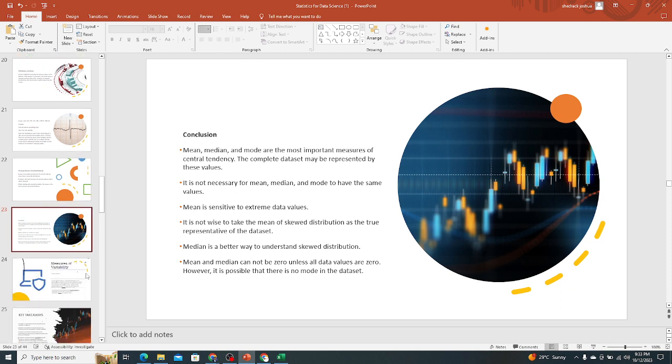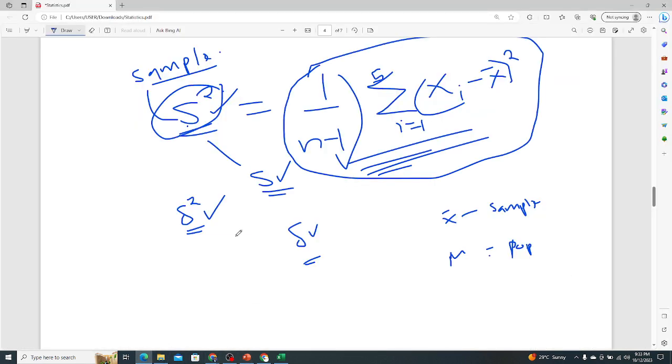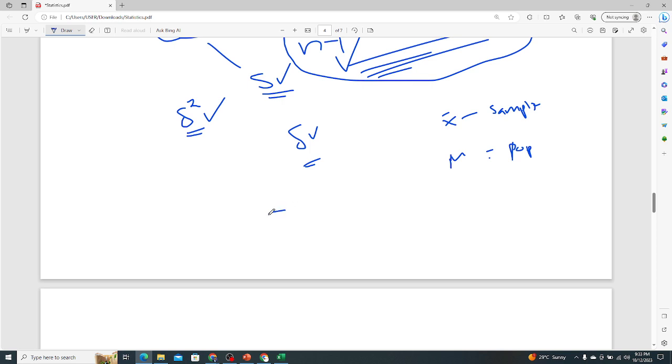Let's go to variance and see what variance is. Before I discuss the variance, let's assume you are asked to calculate the standard deviation. We know that standard deviation is always the square root of variance.